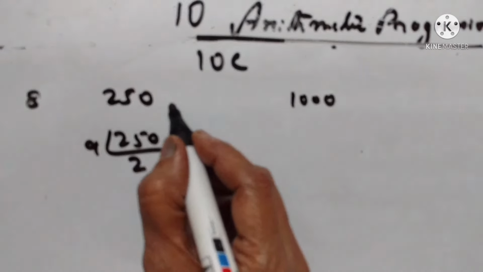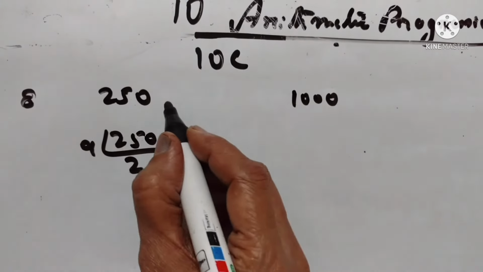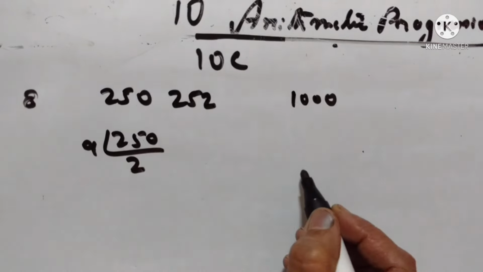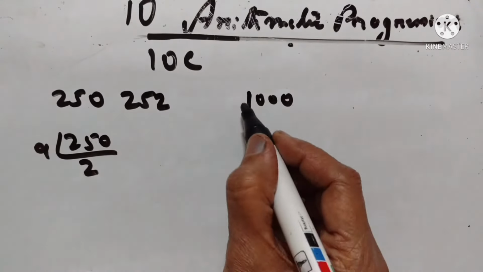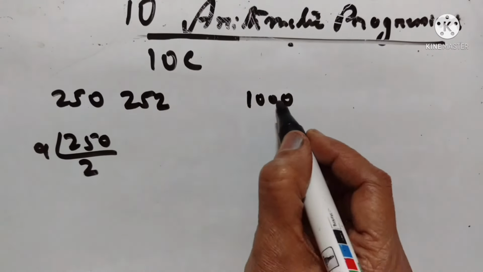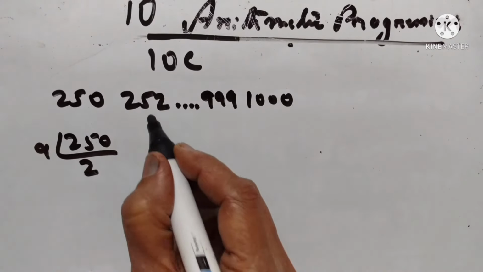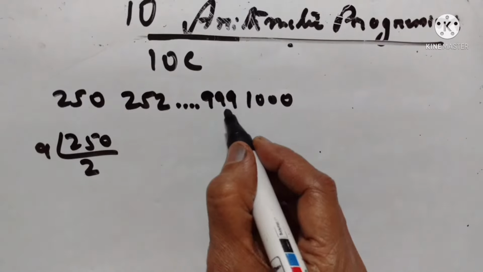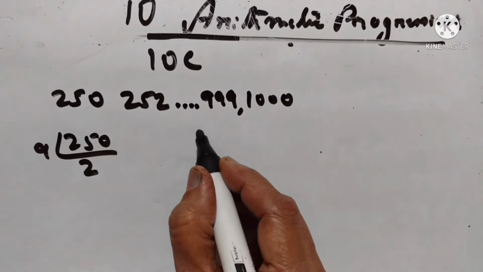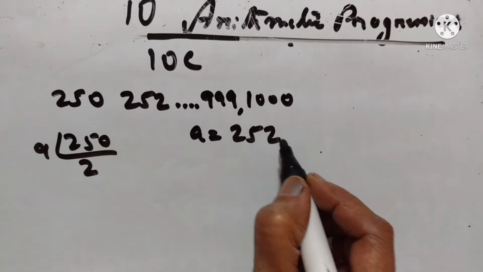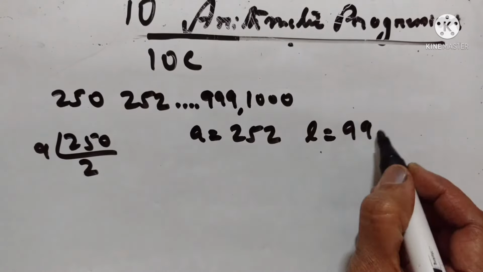So the number which is divisible by 9 after 250 is equal to 252. And the number which is divisible by 9 before 1000 is equal to 999. So A is equal to 252 and L is equal to 999.